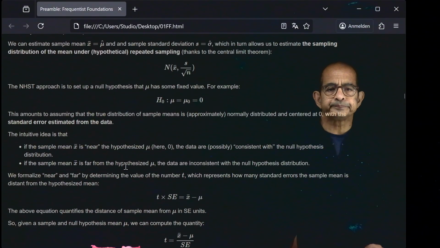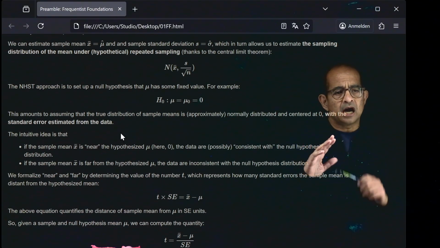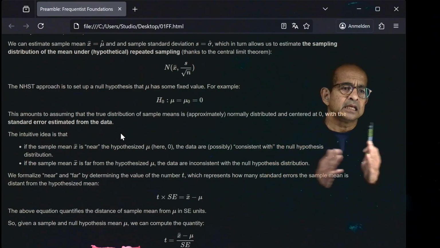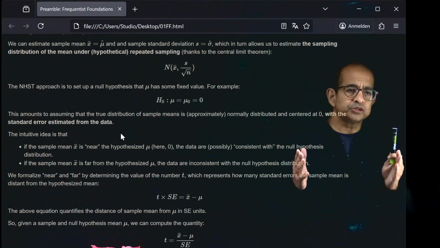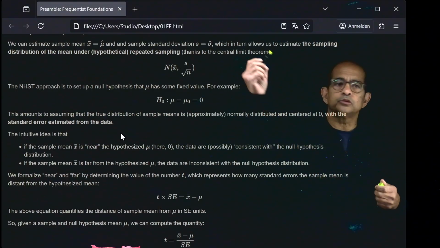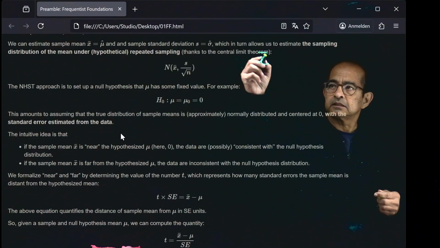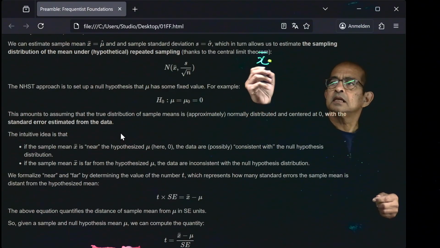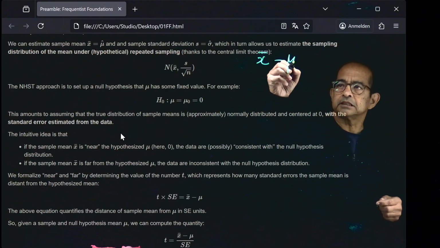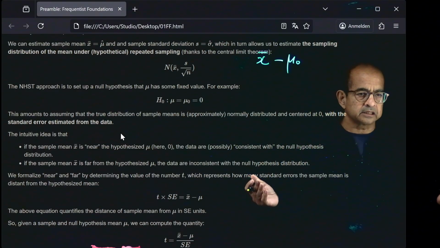And then the question that we ask is, when we've computed the sample means, how far away is the hypothesized mean mu 0 from the sample means? So all we do basically is quantify this distance, the distance between the sample means and the hypothesized mean. So the t-test is just a distance calculation.